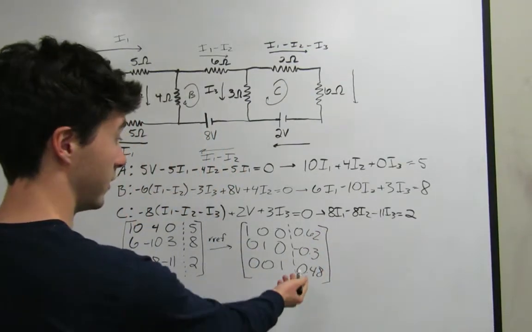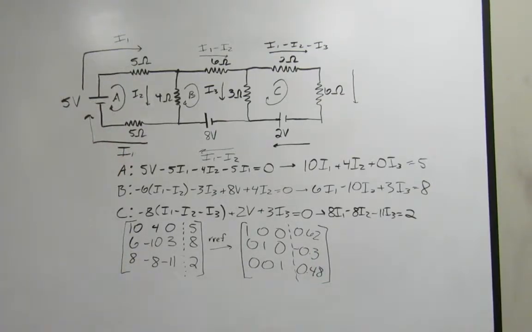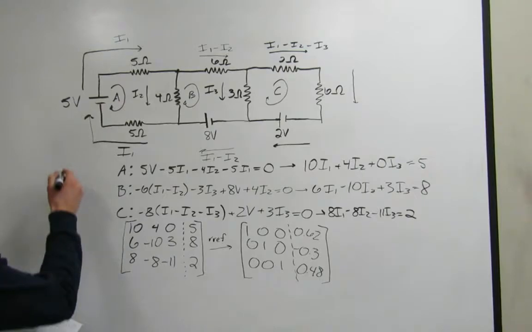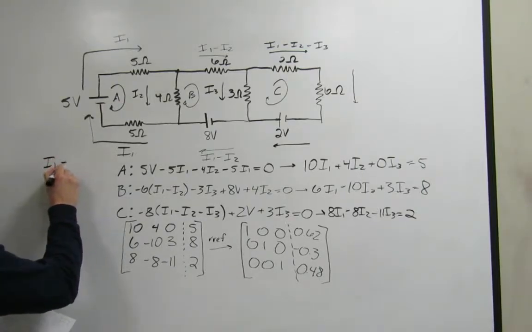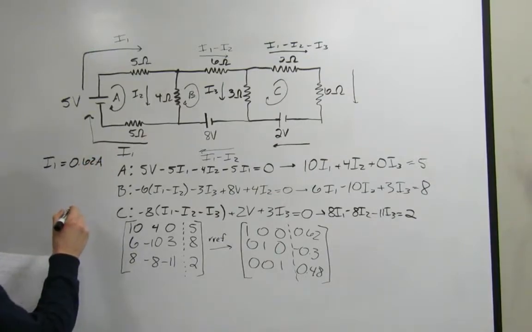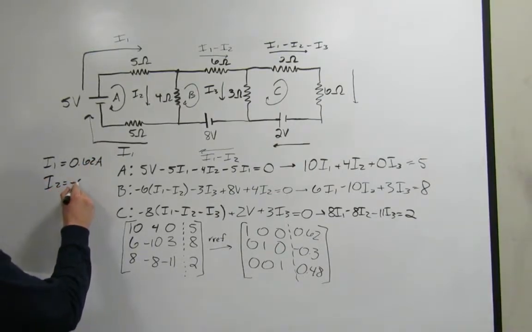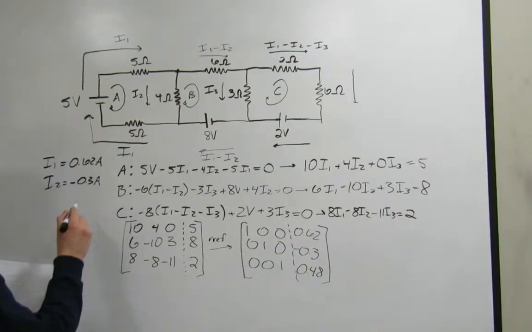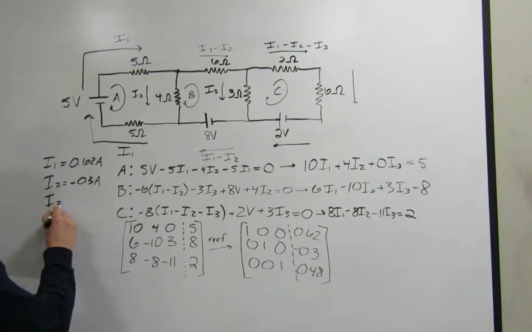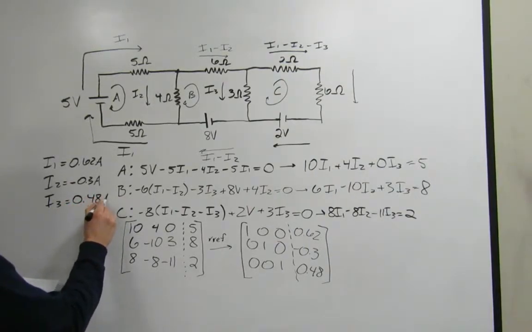So now that these are our current values, I1 equals 0.62 amps, I2 equals negative 0.3 amps, then I3 equals 0.48 amps.